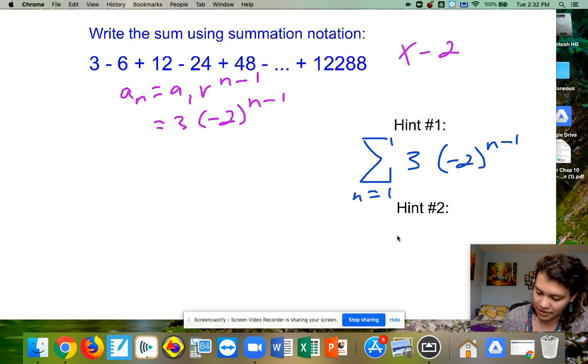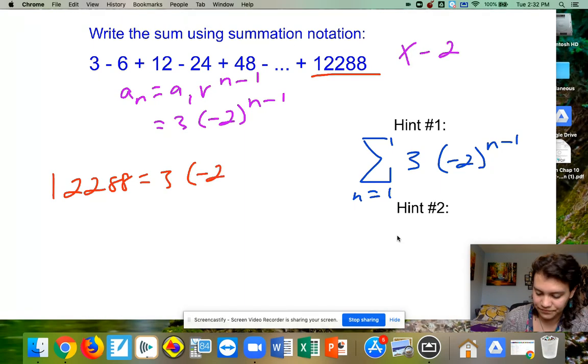Start with n being 1, and now you have to figure out what your last term is. So set this equal to your formula. Divide by 3 on both sides, and you'll end up getting 4,096.